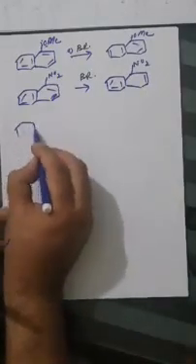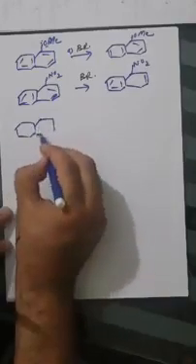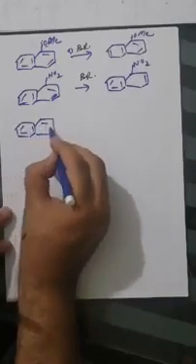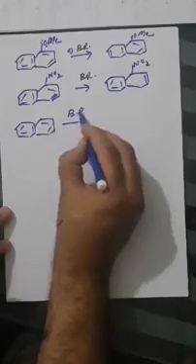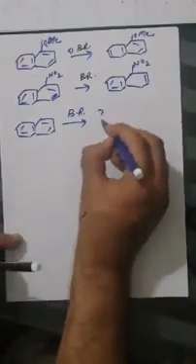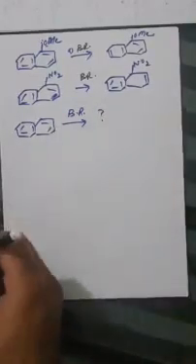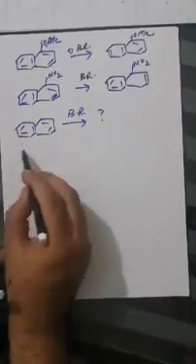And if you have simple naphthalene, what will be the product of the Birch reduction? Let's draw its mechanism and try to understand.